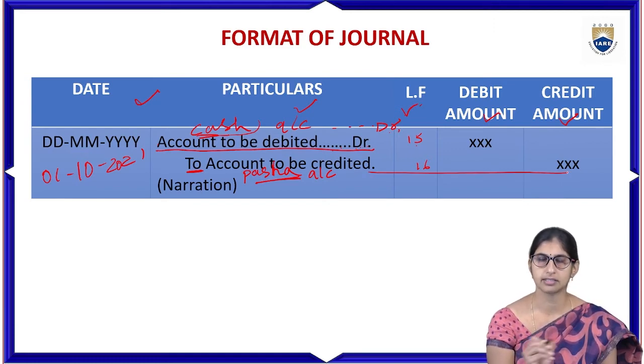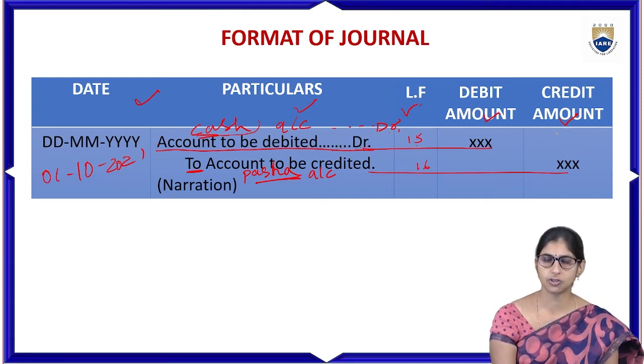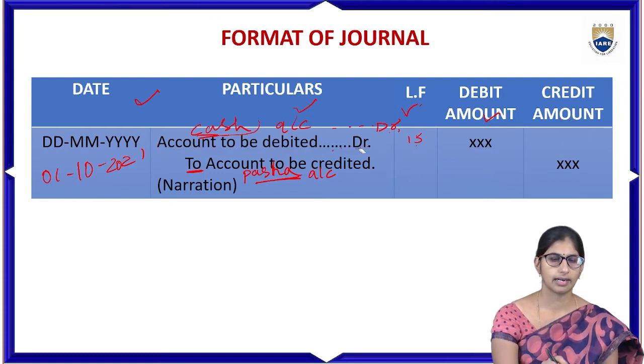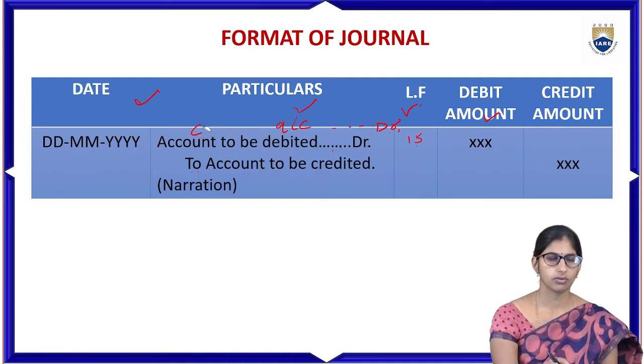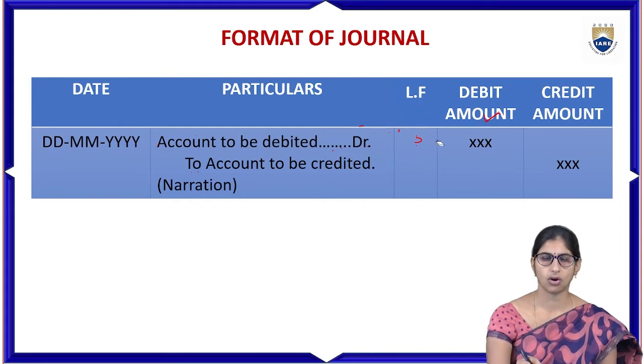So exactly this is matching the place. One should not write the credit amount here. So this is how we are going to write the entries in the journal book. So this is the format of the journal book or journal entries.